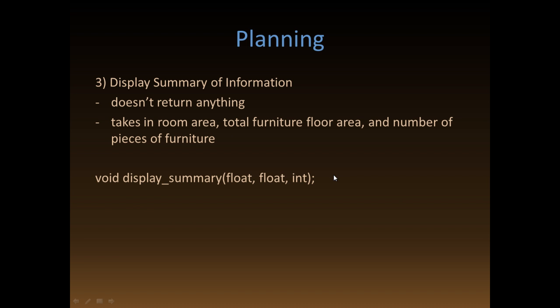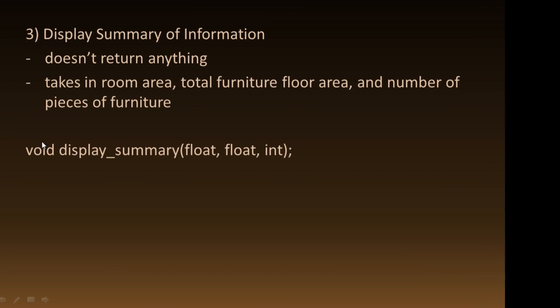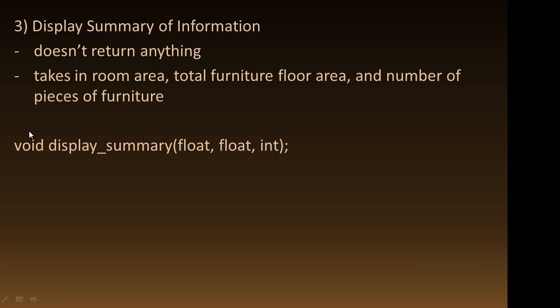The next function that we need, which we haven't talked about yet, is a function to display the summary of information. It doesn't return anything because it's just printing out information, so its declaration is going to start with a void.